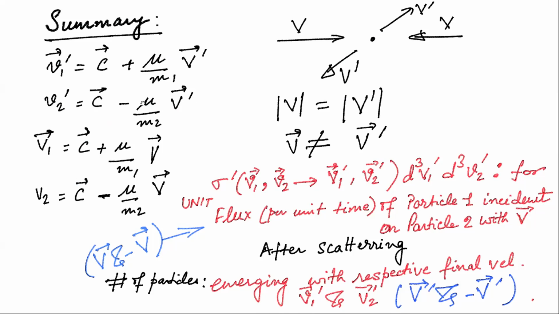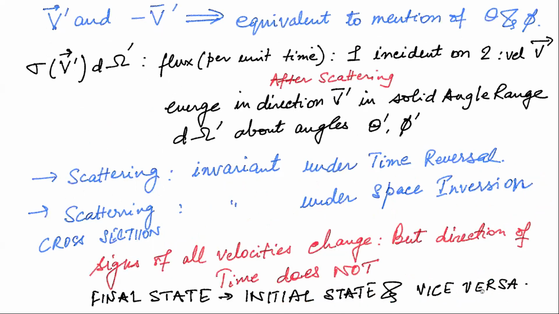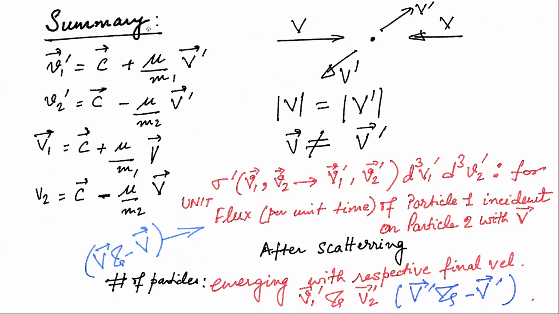So even with respect to the center of mass velocity, they have different magnitudes. One has to be careful about that. Now, going into these different v dash and minus v dash, each particle is moving, even with respect to the center of mass, with different velocities, but the relative velocity magnitude remains the same. The direction is not the same.